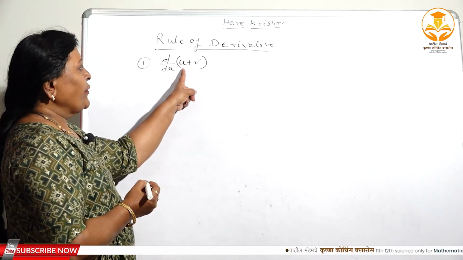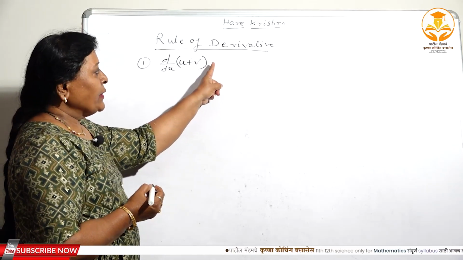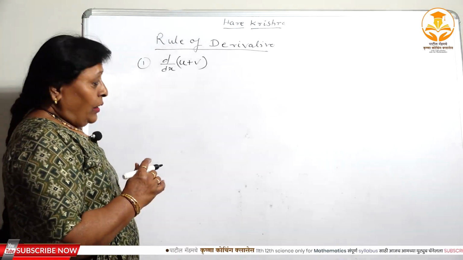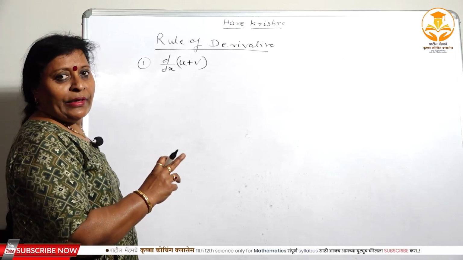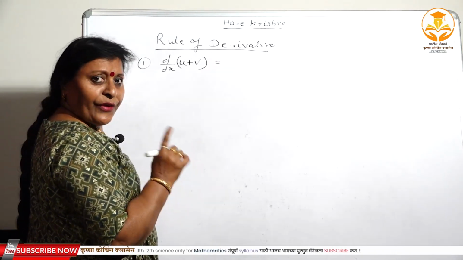You have to take the derivative of the first function, that is u, plus the derivative of the second function v, isn't it? Suppose more than two functions are added, then you have to take the derivative one by one. So if n functions are added, then you have to take the derivative of every function.